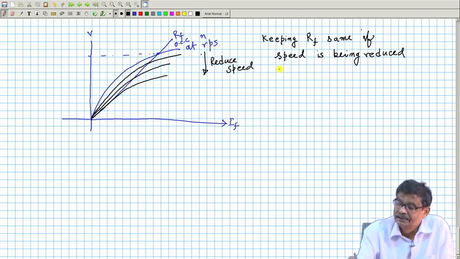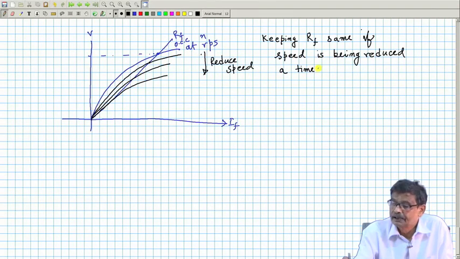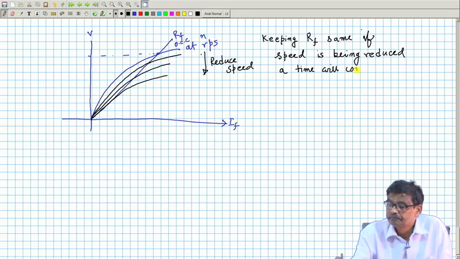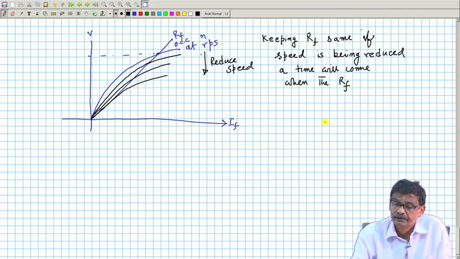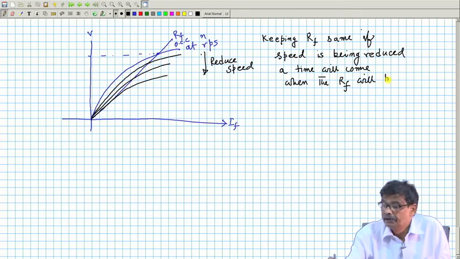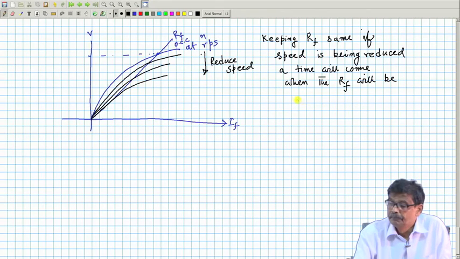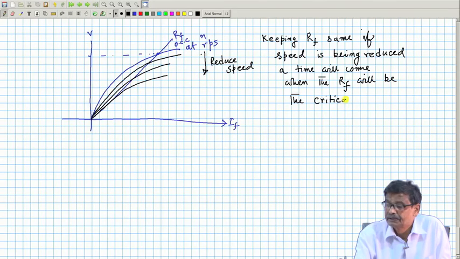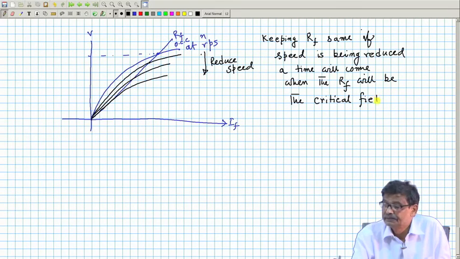A time will come when the OCC, when the present RF line, will be the critical field resistance. I am not varying RF.